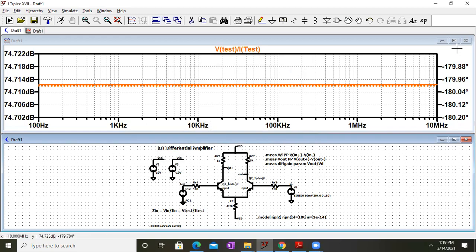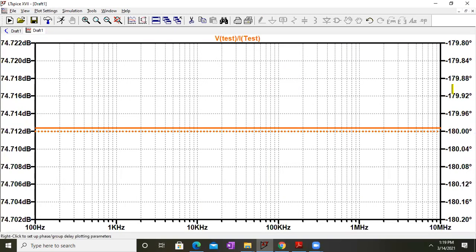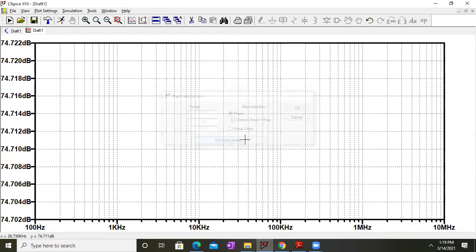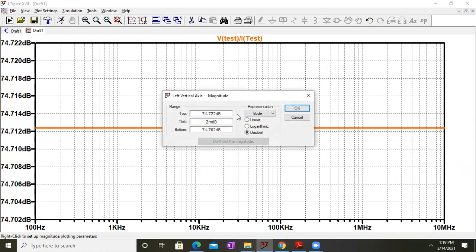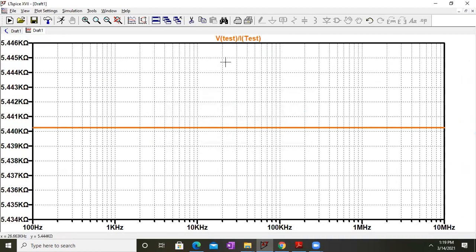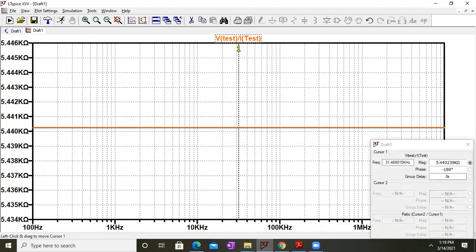Okay, so here it is. I will maximize this, remove this phase plot, and right click on this dB axis and click on linear. So here is the value which is coming out. If you want to check it at around 20 kilohertz, you can right click over here, because remember our source was 20 kilohertz. At 20 kilohertz, the value of the input impedance is 5.44 kilo ohms.